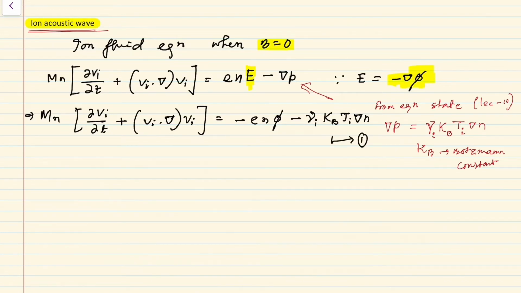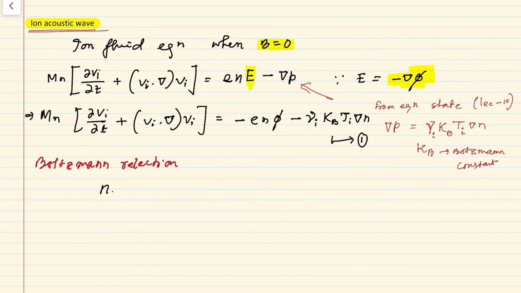Now, when we studied fluid drift parallel to the B field, in lecture 13, we got the Boltzmann relation. And what was that?